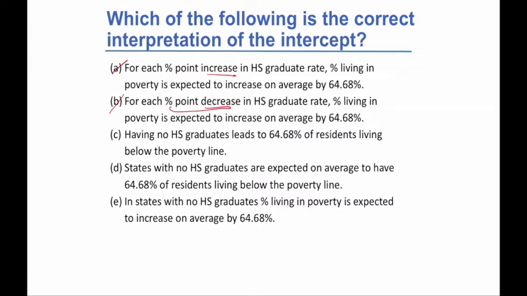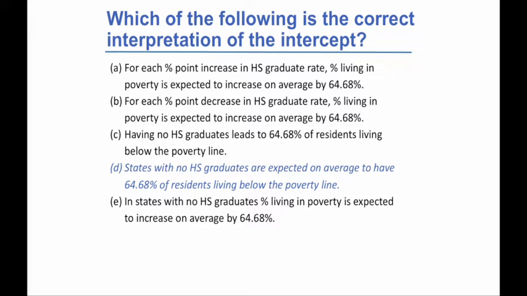So, it's D. States with no high school graduates are expected, on average, to have 64.68% of residents living below the poverty line. Right?